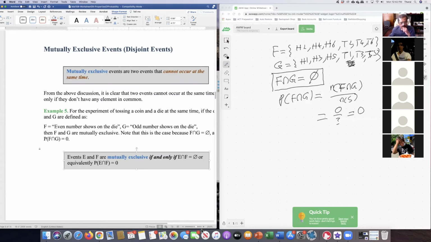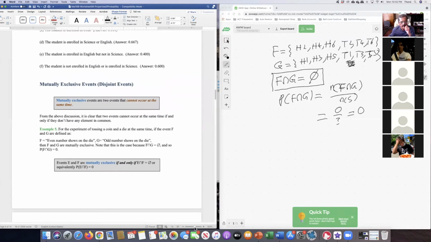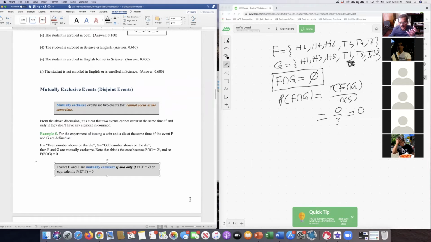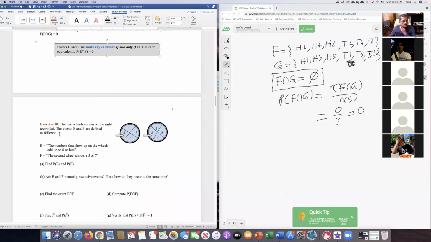Otherwise, if you have the description of the sets, then you can figure out what E intersection F is and see if it is empty. Or if you already have numbers, you can figure out the probability, and the probability should be 0 for them to be mutually exclusive. So using whatever information you have, there are 3 ways to do it. Find out whether they intersect on the Venn diagram, or whether the intersection of E and F is empty, or whether the probability is 0.